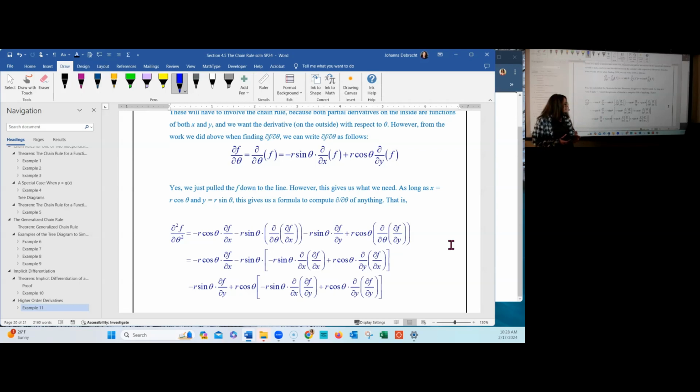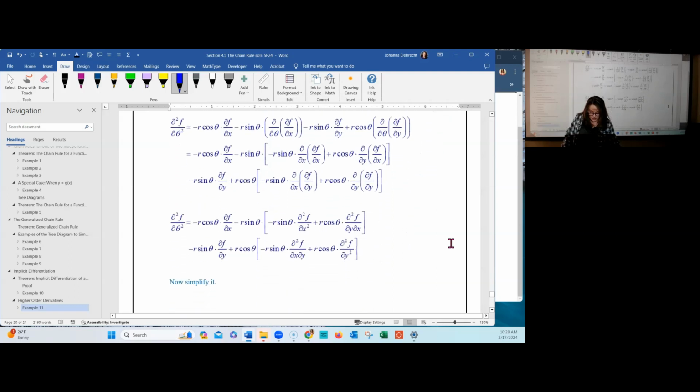Once we have this, we can go ahead and apply some algebraic manipulation in order to simplify it. Let's scroll down so we can see the simplification.